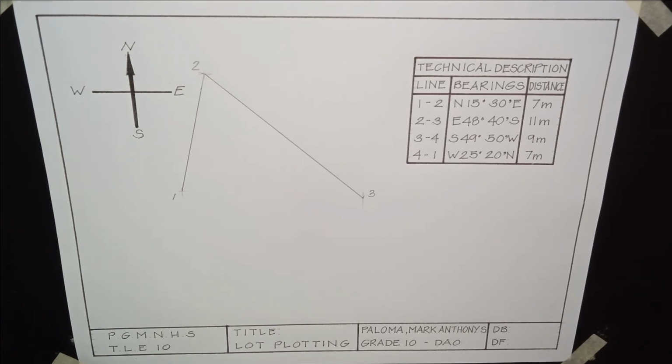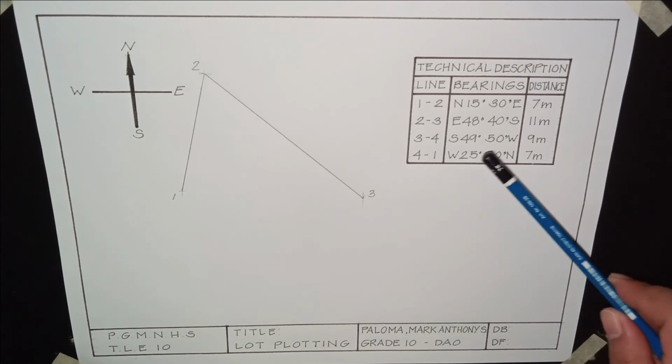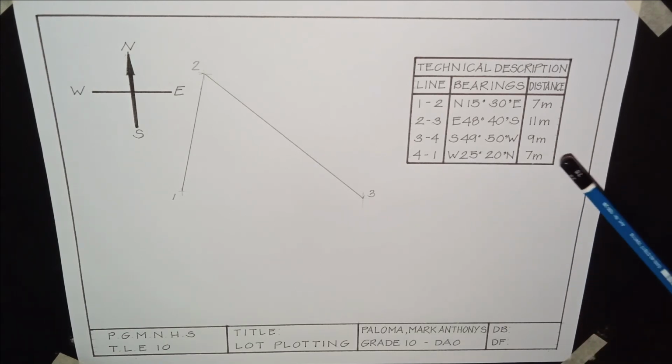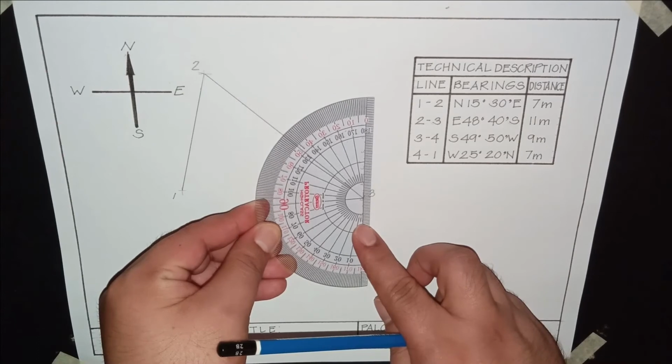For point 3 to point 4, the bearings are south 49 degrees, 50 minutes west, and the distance is 9 meters on the actual. And again, since we are using the scale 1 to 100, that will be 9 centimeters. So let's first look at the degree. Since our position is going to west, our protractor is placed like this, from point 3.